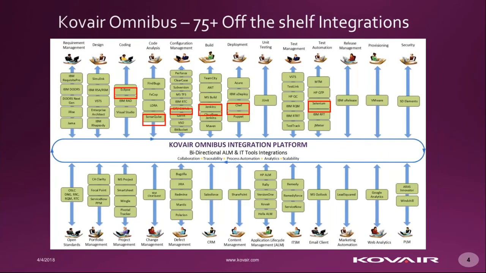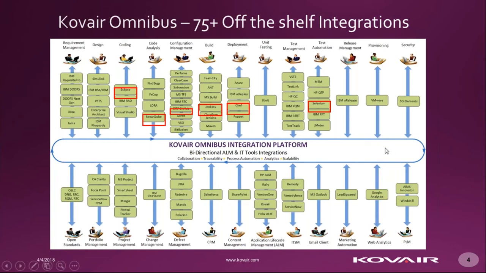Kovair currently offers integration with 75 plus off-the-shelf tools, including proprietary and open source. Among these, the ones encircled in red, each catering to a particular phase of the development lifecycle, are being used in our DevOps solution by integrating them using our Kovair Omnibus integration platform.